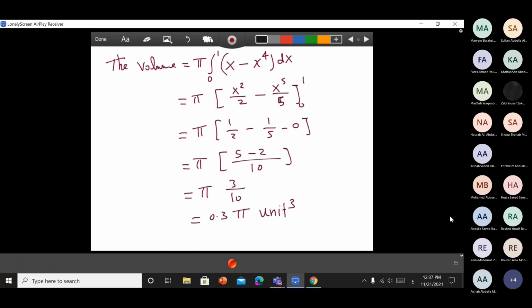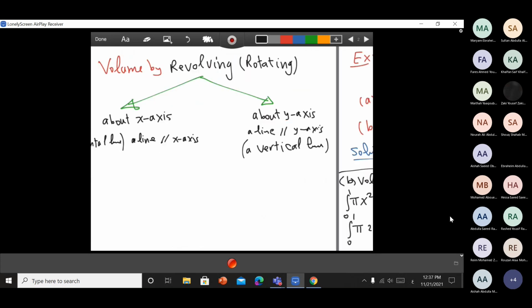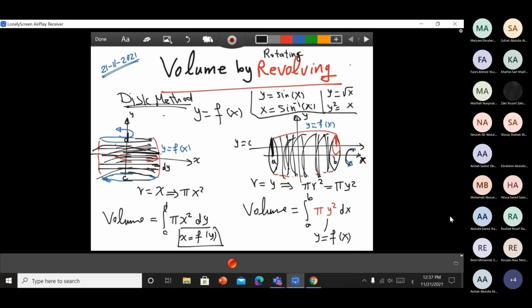I just remind you, when we have a curve and we rotate it about the x-axis, the volume was what? Yeah, when I'm rotating about the x-axis, like this case, we have the volume as the integration from a to b of pi times the curve squared dx, right?